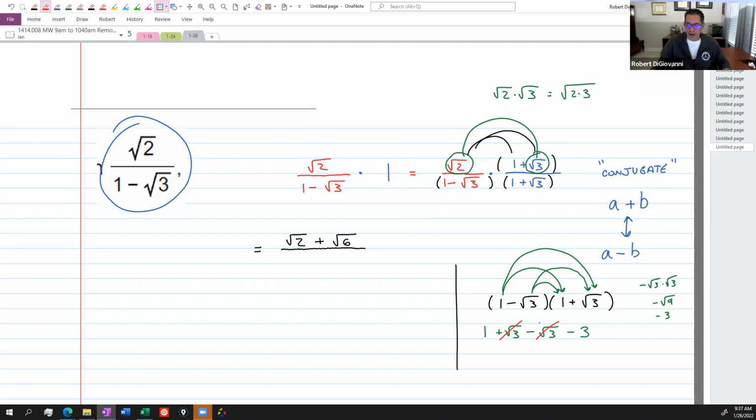We multiply by the conjugate because we know that the middle two terms will always go away. So all we're left with is 1 minus 3, that's -2. And that is now my answer. I have rationalized the denominator. My denominator no longer has a square root in it. My numerator does, but my denominator does not.